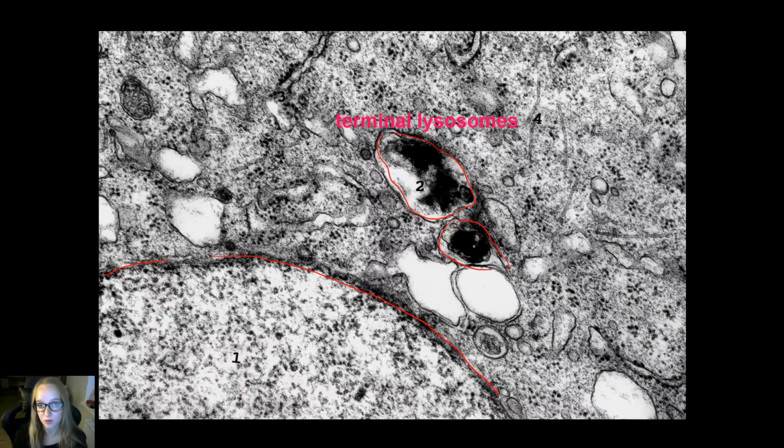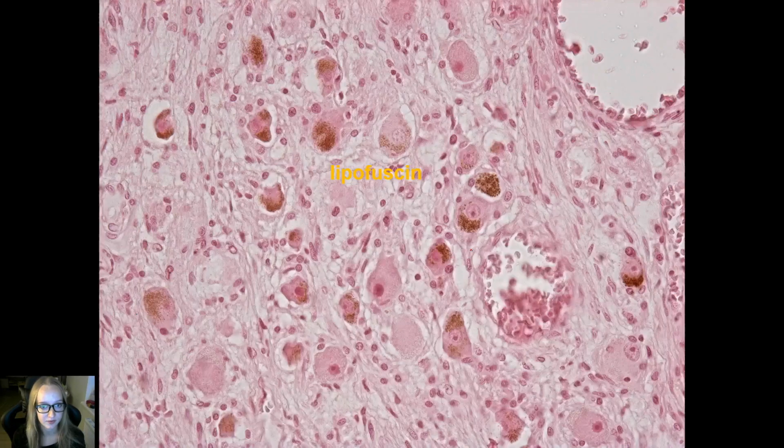And as I told you before, some cells can keep their waste inside, and the accumulation of terminal lysosomes can sometimes be seen, like lipofuscin in neurons or cardiomyocytes. Like this. So here we have this brown-yellow pigment, lipofuscin, which is in the neurons.